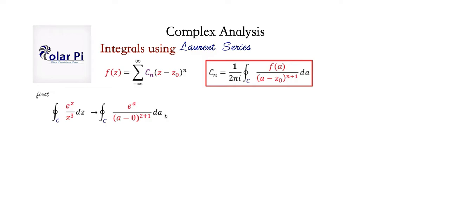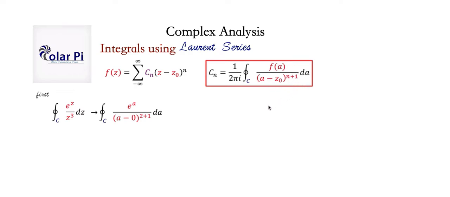That's just a variable change. Otherwise, this z cubed, which I can write as z minus 0 to the 2 plus 1, well, I've switched from z to a, but that's exactly what I said right here: z minus 0 to the 2 plus 1. That's exactly what this is. Okay, cool.